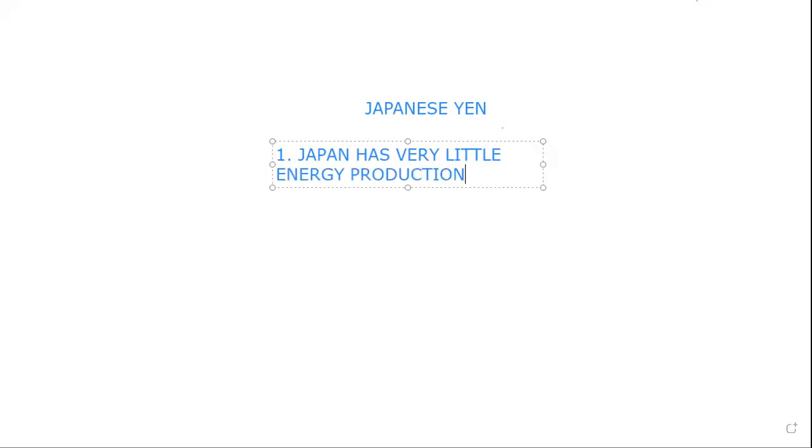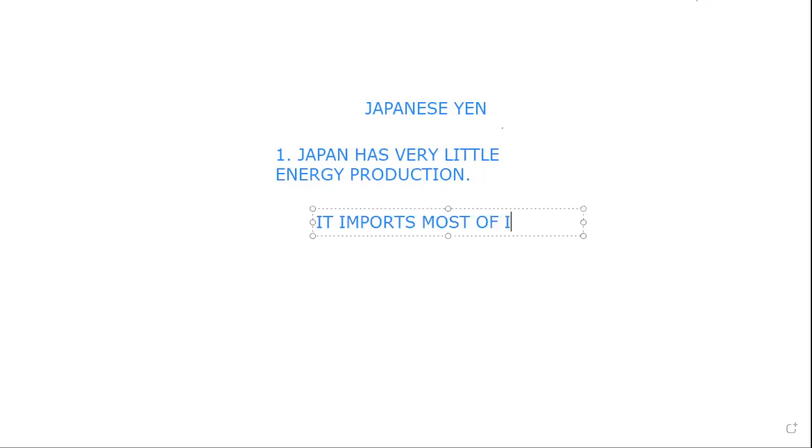So Japan has very little energy production. Right, full stop. Now, the next thing is that it imports most of its oils. Okay? Yes, it imports. Now, the next thing we're going to look at is this.